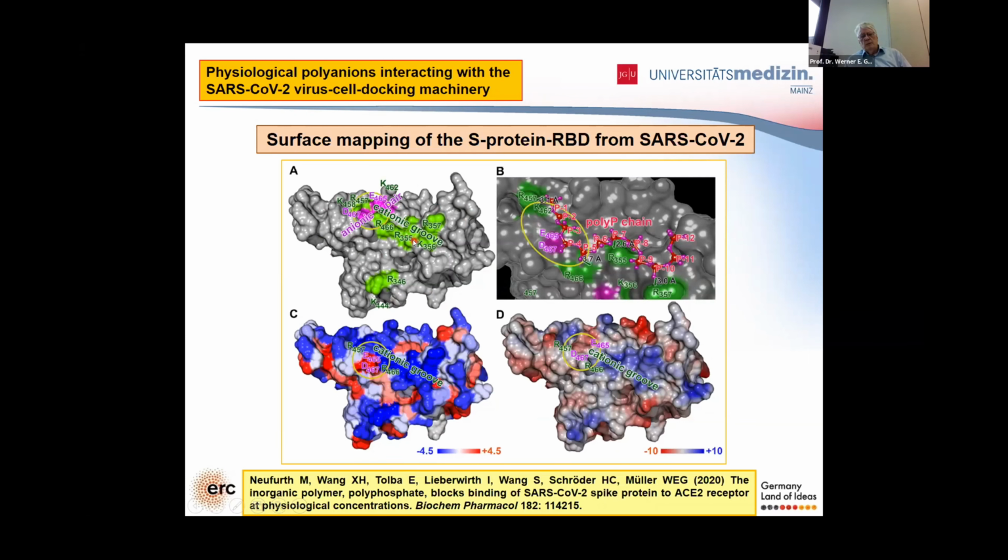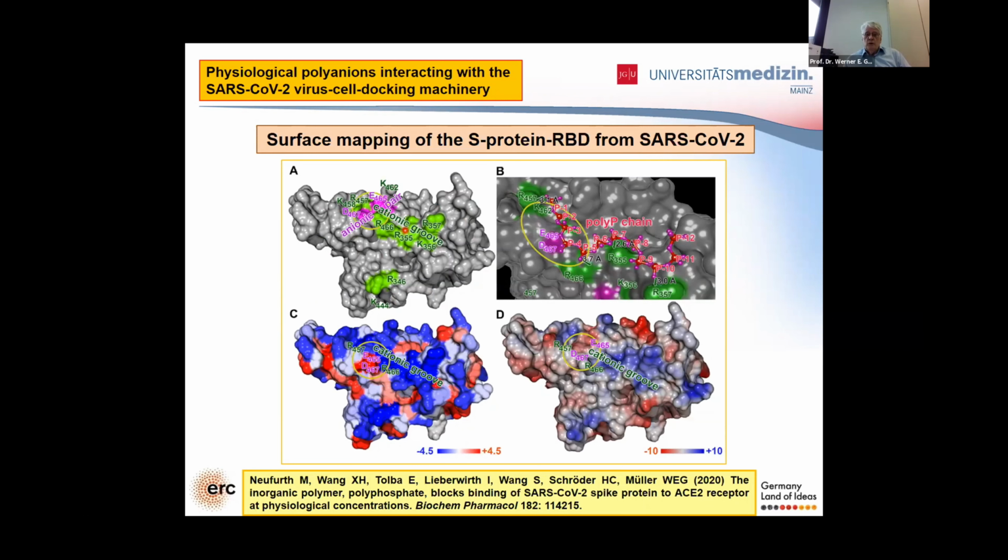Here we have arginines and lysine amino acids clustered together in the same spacing as we know it from the polyphosphate.